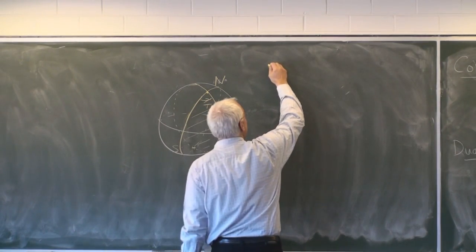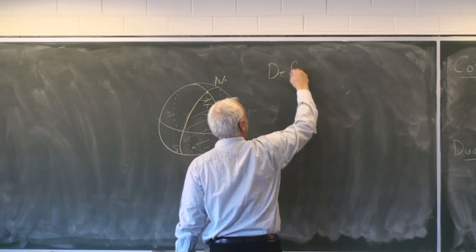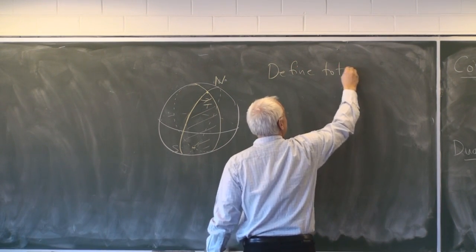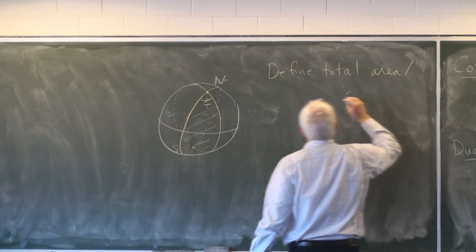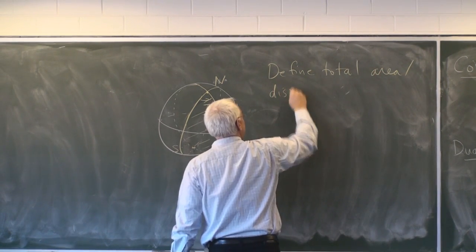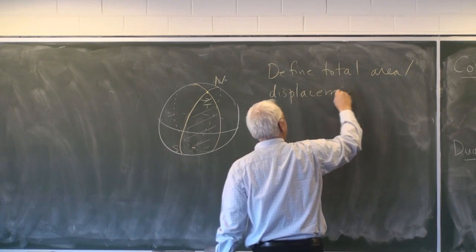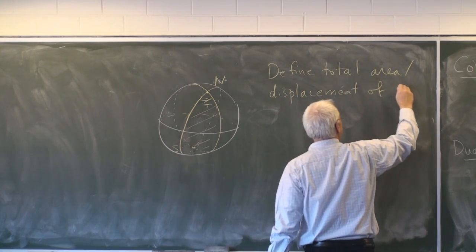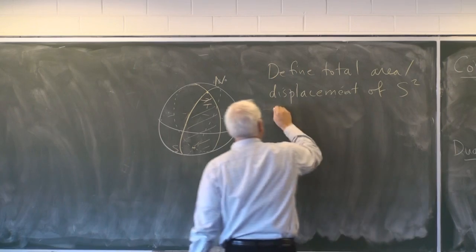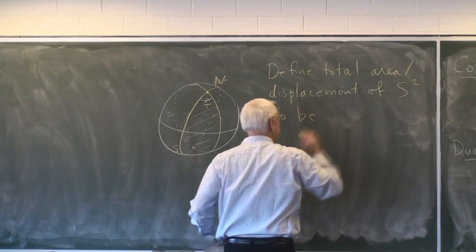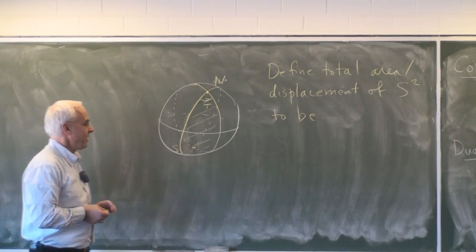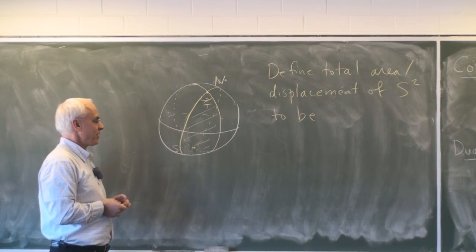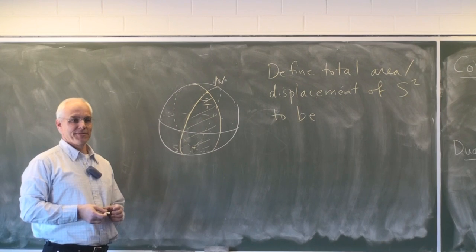We need to define the total area or displacement of the sphere to be, well, for the circle we chose 1.